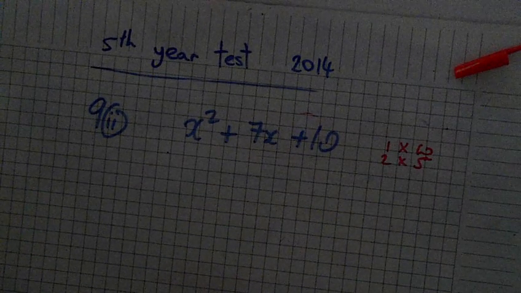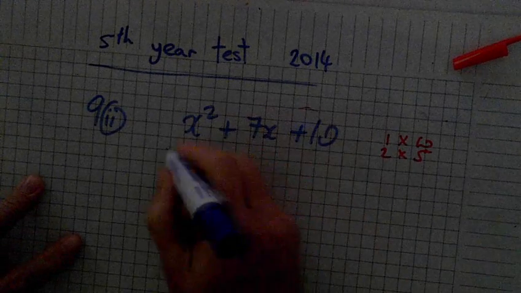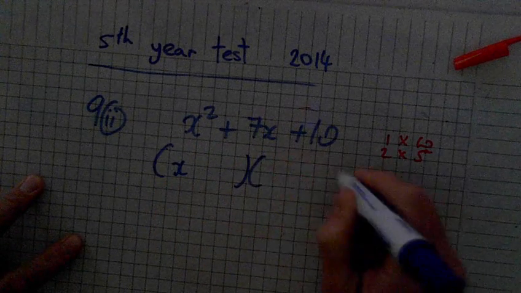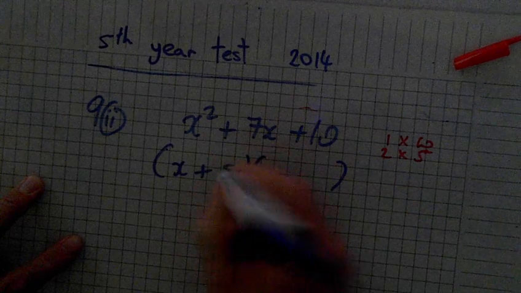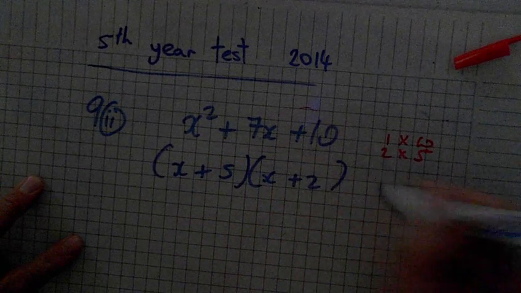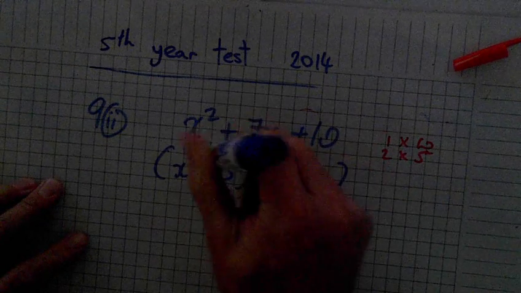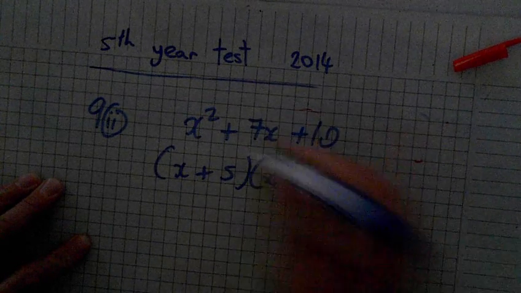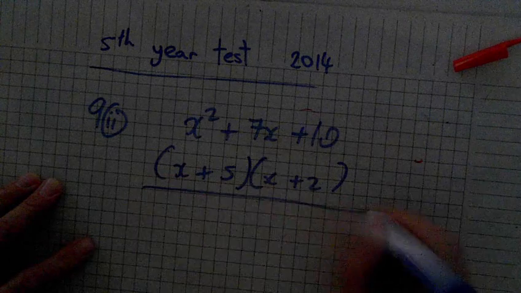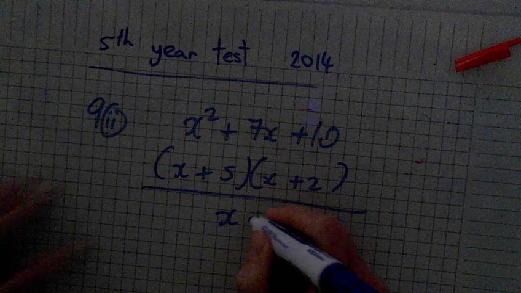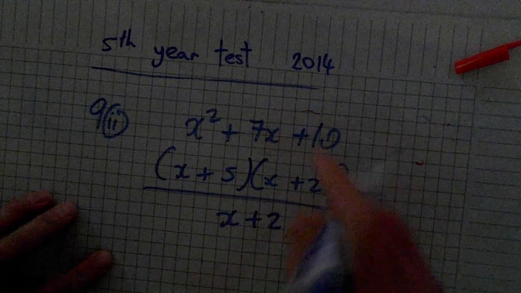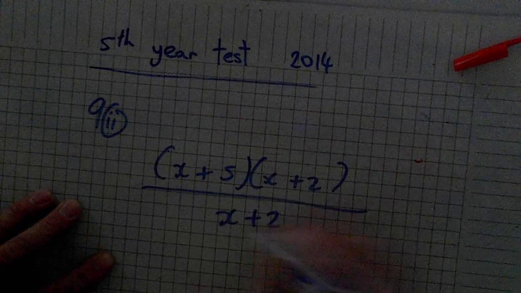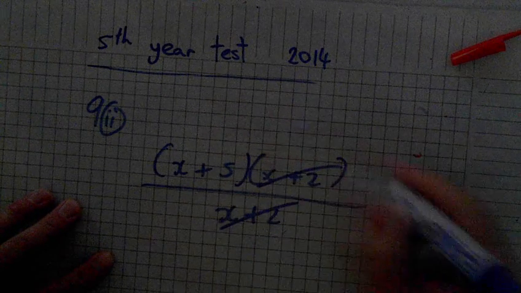Which pair adds up to 7? 2 and 5. So x plus 5, x plus 2. This is what you had: x squared plus 7x plus 10 on top, and on the bottom you have x plus 2 from the sum. What do you do? This cancels, you're left with x plus 5.